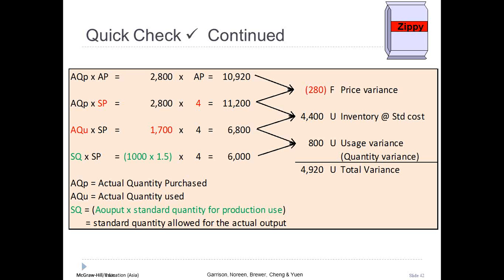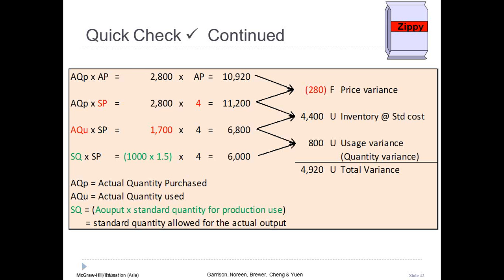So in this question, the actual quantity used valued at standard cost, $4 per pound, is higher than the expected amount, the flexible budget, by $800, therefore the usage variance is unfavorable.